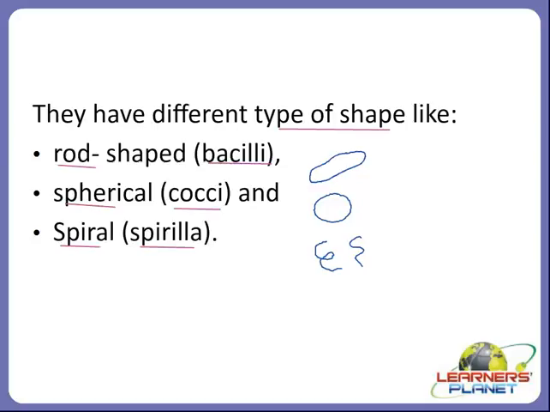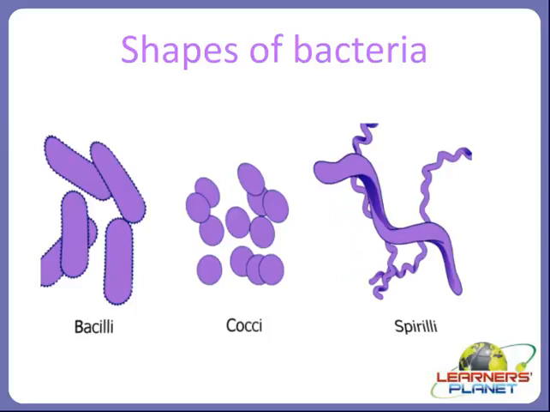So that would be known as spirilla. We can also see it in the pictures in the next diagram. The rod shape, called bacilli, is cylindrical or rod-like, whereas cocci is spherical or round. Spirilla are curved or have a spring-like texture.